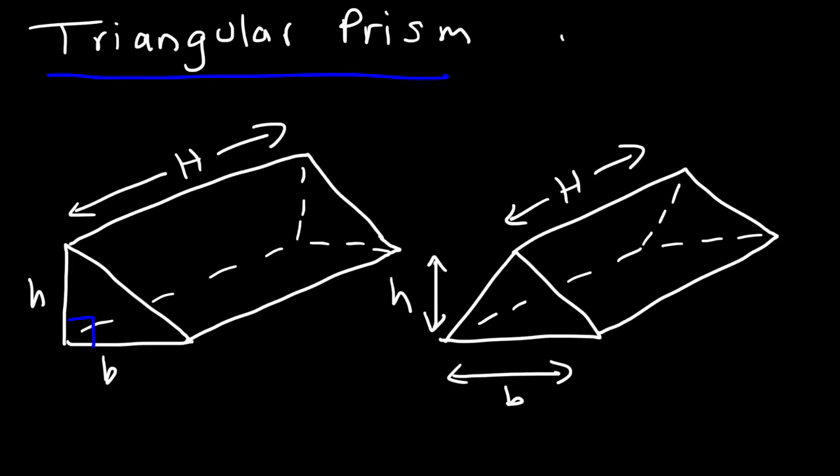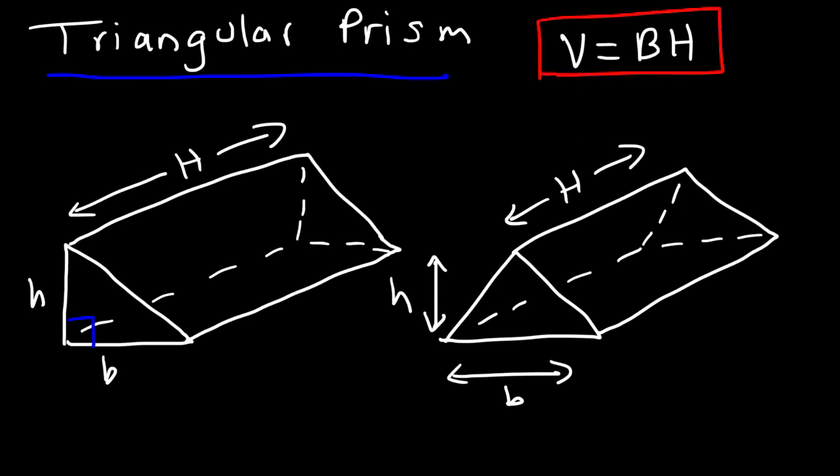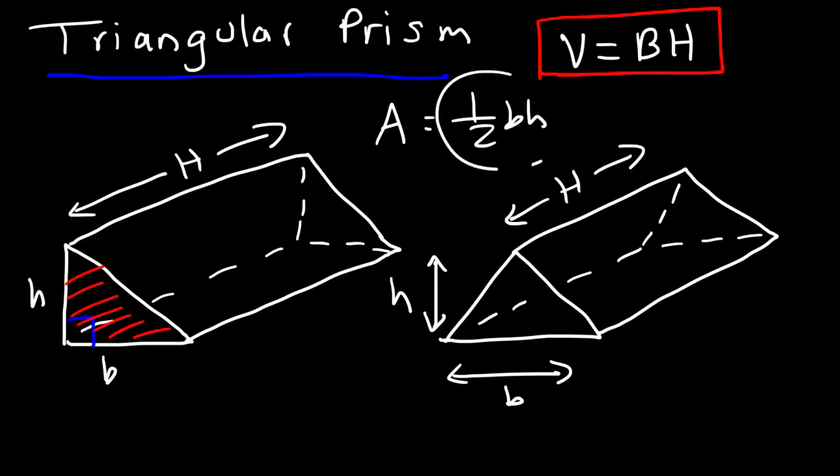Now the volume of a triangular prism is the base times the height. Capital B is the area of the base, and the area of the base can vary. In this case, it's simply the area of a triangle. For a right triangle, you can calculate the area using this formula. It's 1/2 base times height. So this would equal capital B.